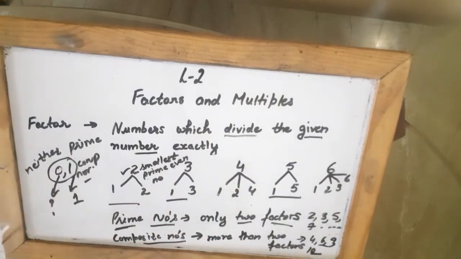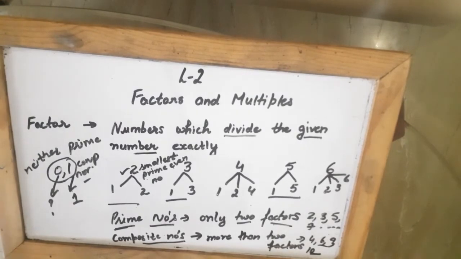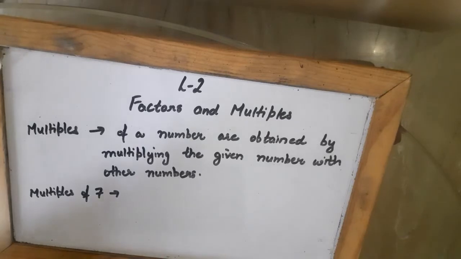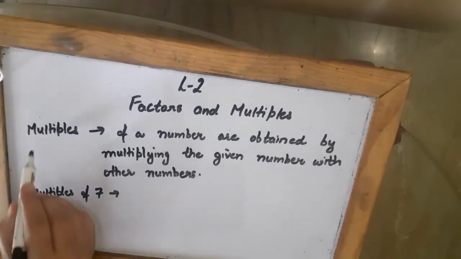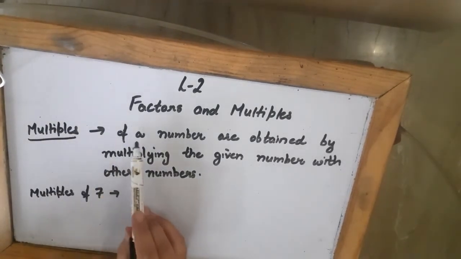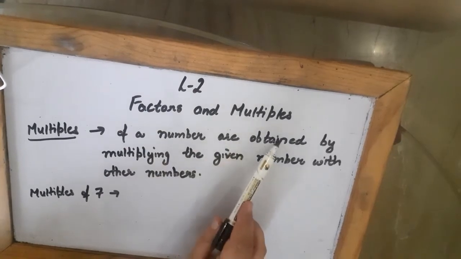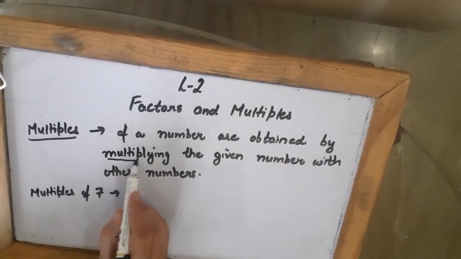So what are factors? Factors are the numbers which divide the given number exactly. Now we come to the multiples. What are multiples? Multiples of a number are obtained by multiplying.